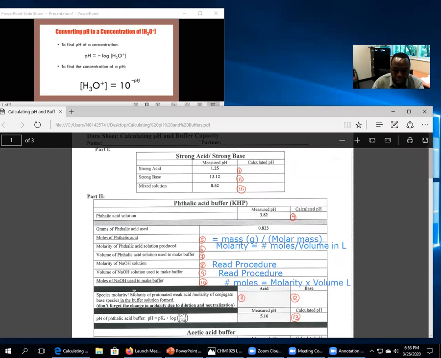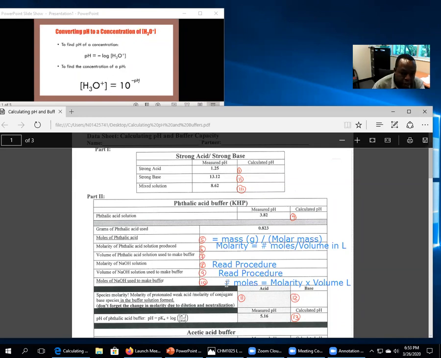Species molarity, that is the molarity of the protonated acid and the conjugate base. That is, when we mix the NaOH and phthalic acid solution, what will be the molarity of each one of them? Remember, at this point we started with 40 ml of the acid and we added 20 ml of the base. The total volume should be 60 ml, 40 ml of the acid plus 20 ml of NaOH.